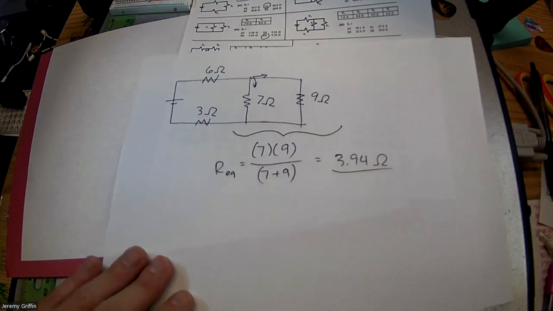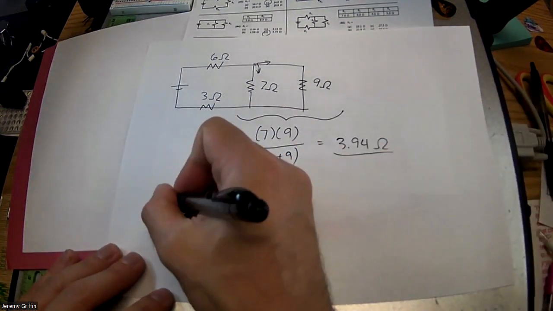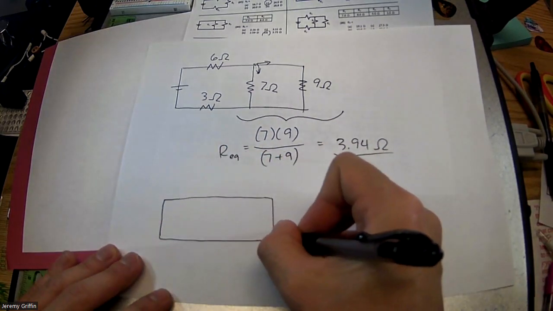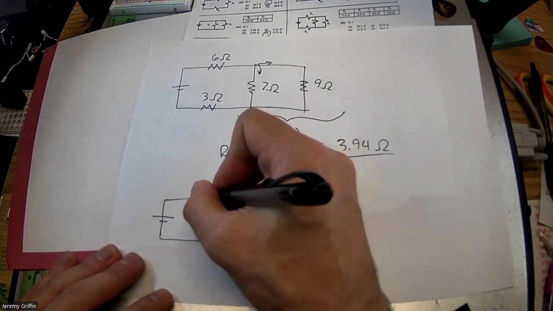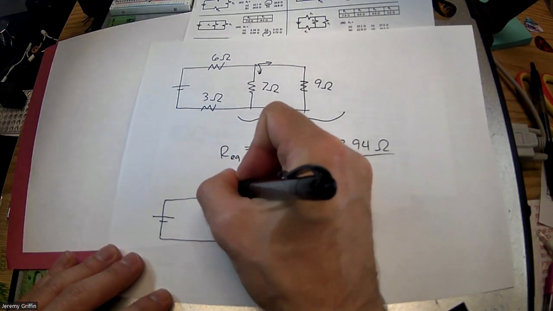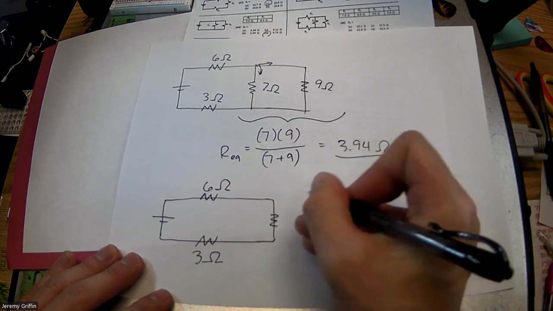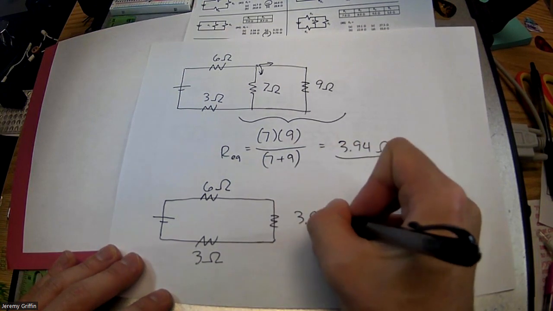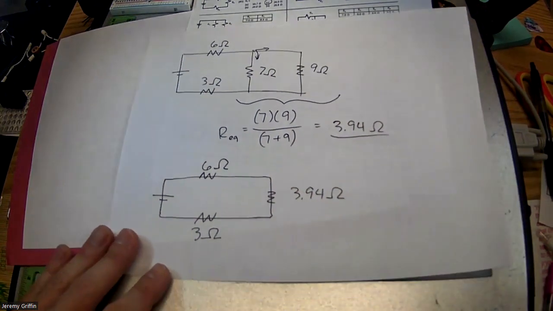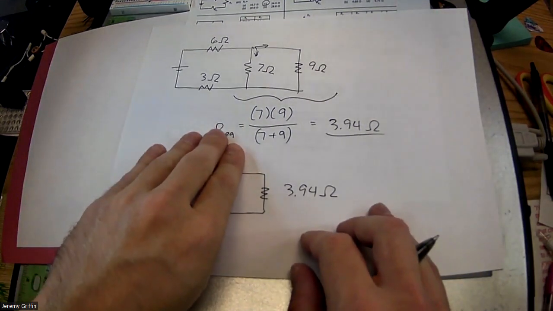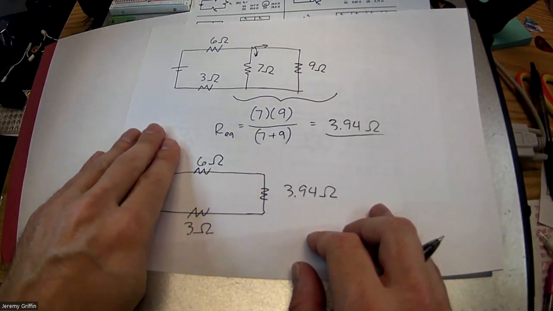Redraw the circuit again. This process can take a while, depending on how big your circuit is. 6 ohm there, 3 ohm there, and this guy is 3.94 ohm. All right, so now we're working our way back towards the voltage source. Now we're going to run into both of those guys.